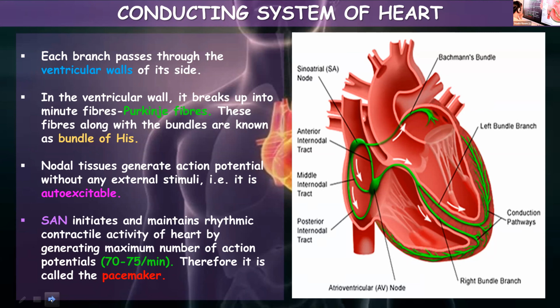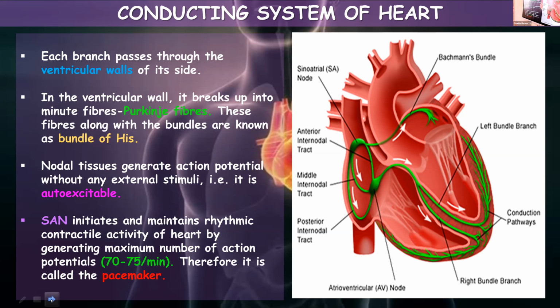It is the SAN that initiates and helps in maintaining the rhythmic contraction and relaxation of the heart by generating the maximum number of action potentials. In response to these action potentials, the heart beats to pump blood to different parts of the body.